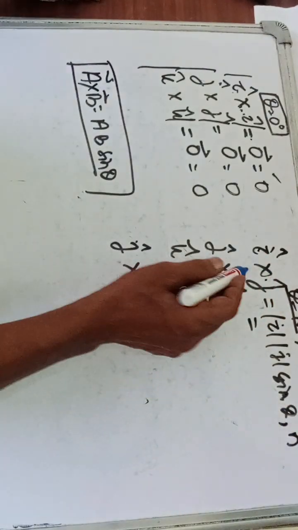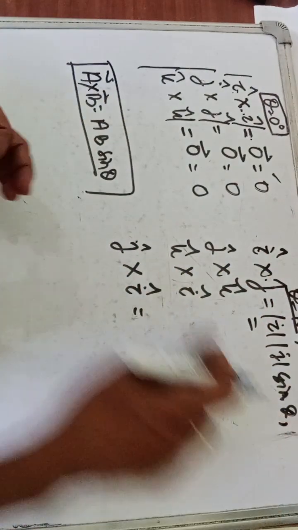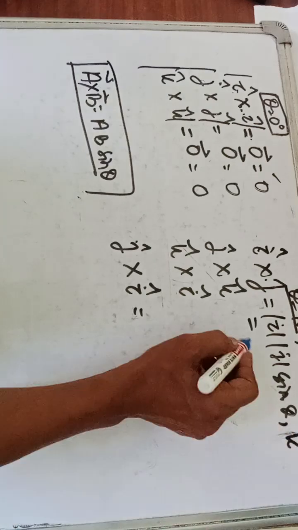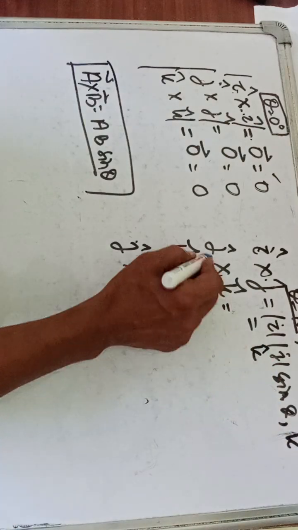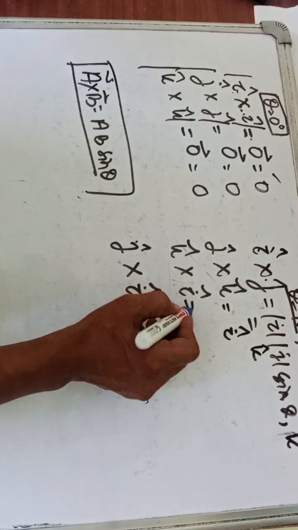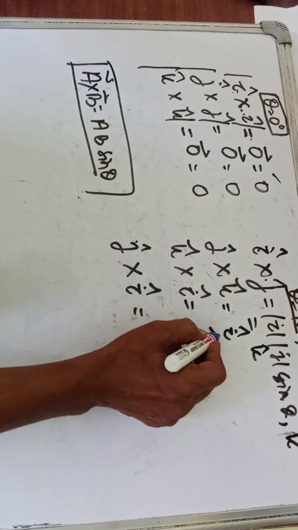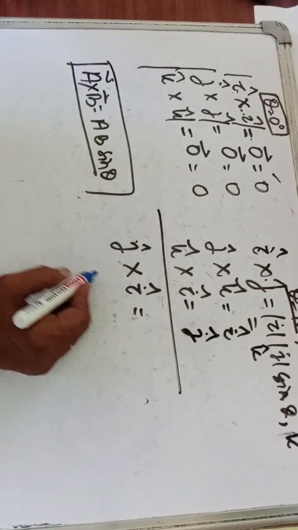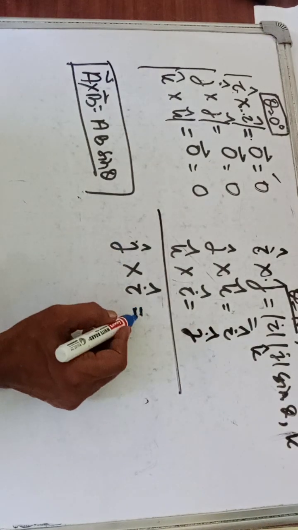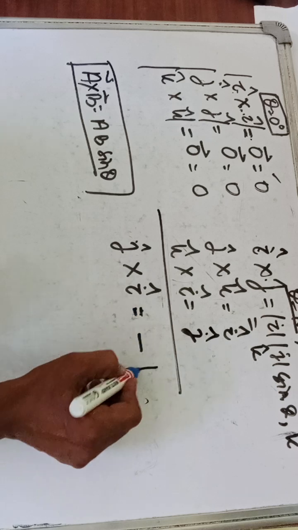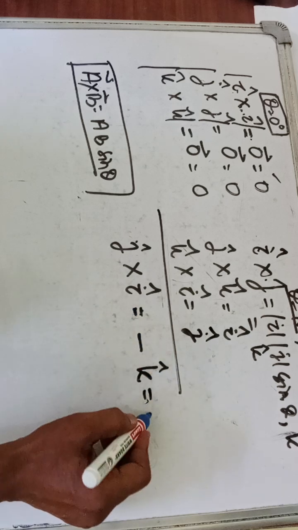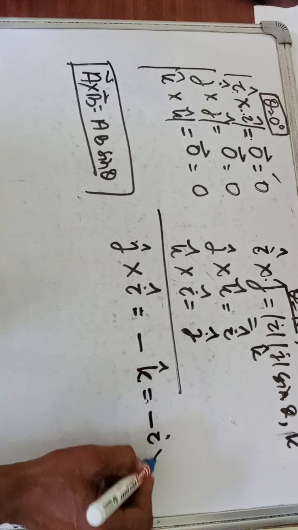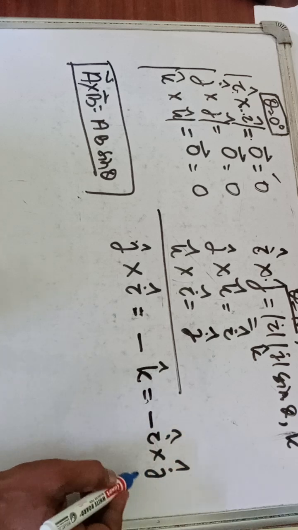We know the unit vector perpendicular to i and j is k. Similarly, j cross k will be i, k cross i will be j. What about j cross i? j cross i will be minus k, or minus i cross j.